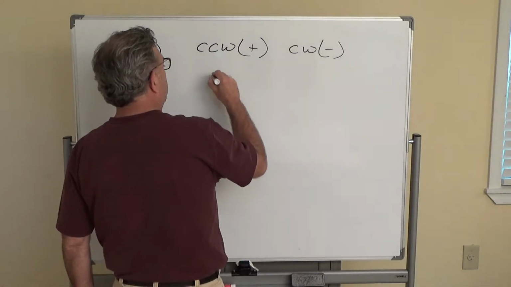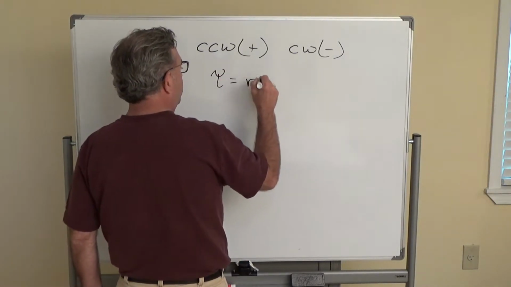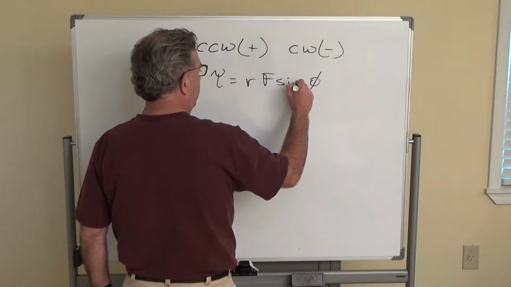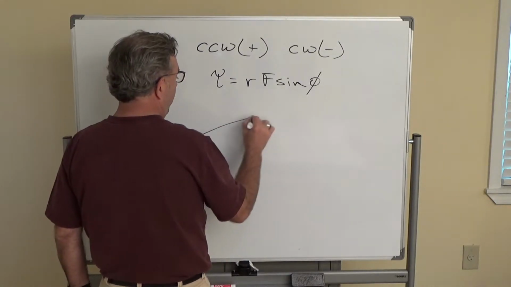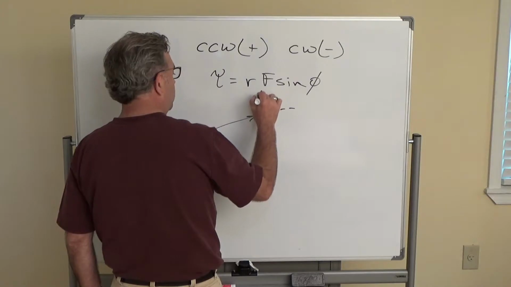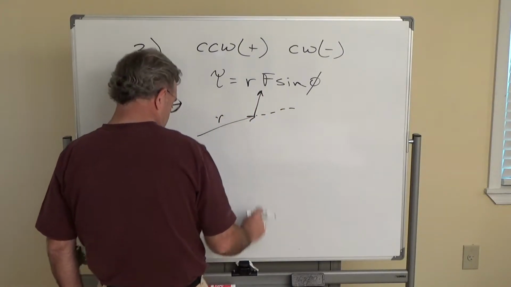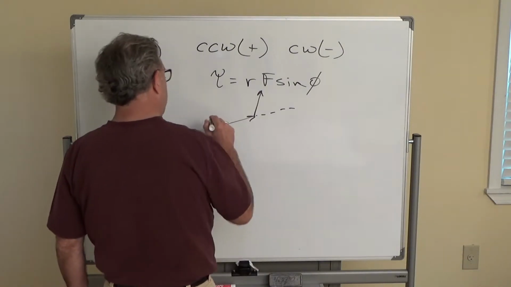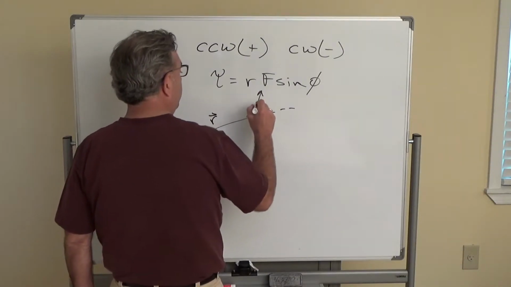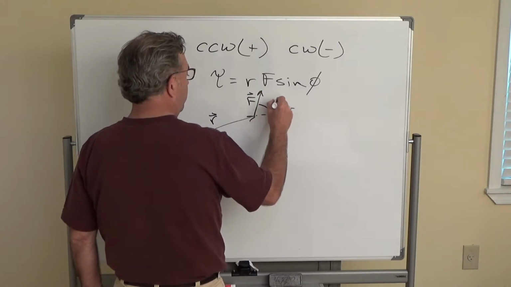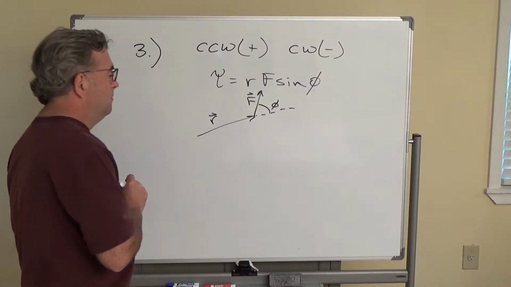Torque magnitude is R F sine phi. And the way I've defined it is, if this is R, and this is F, this angle is phi. Okay?